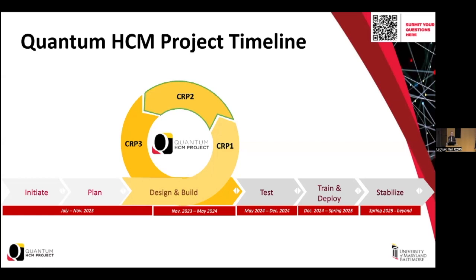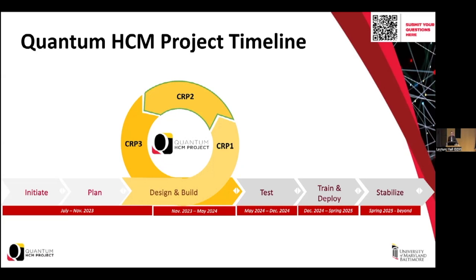It's an iterative process, as you can see, it just goes around. Once we run those testing scenarios, we learn how the system works and what doesn't work. Based on that feedback from the core project team, we tweak it for the next CRP session to make it even better and closer to our requirements. That is the iterative design and build process you see here.